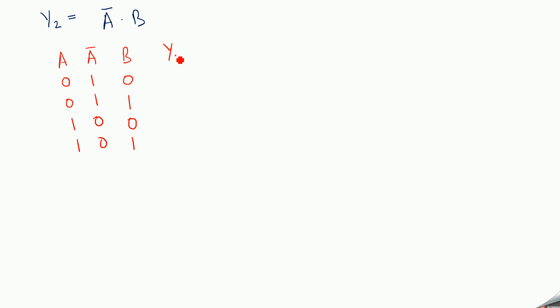Now Y2 is basically what it is, AND operation. So we are going to multiply with A bar dot B. So 1 into 0 is 0, 1 into 1 is 1, 0 into 0 is 0 and 0 into 1 is 0. So what happens in this case? The neuron fires when both the inputs are 1, and in the remaining 3 cases the neuron doesn't fire.